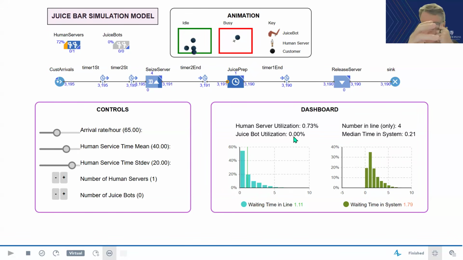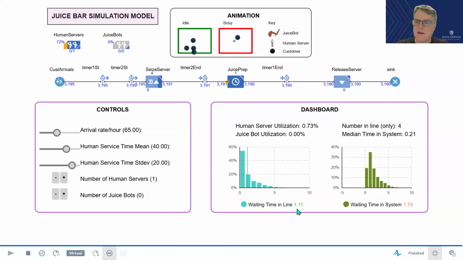So notice how this simulation is flexible. I'm able to analyze different scenarios by just appropriately parameterizing the analysis. So on average, we're seeing 1.79, about 1.8 minutes in the system. 40 seconds of which on average, and that does vary, is in service itself, getting the actual beverage prepped.